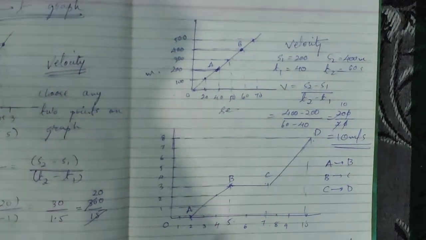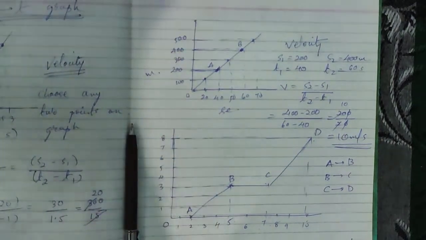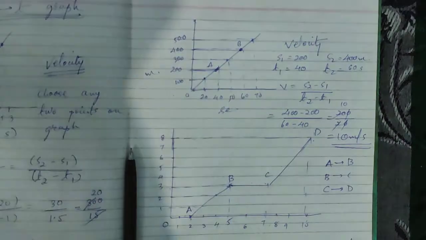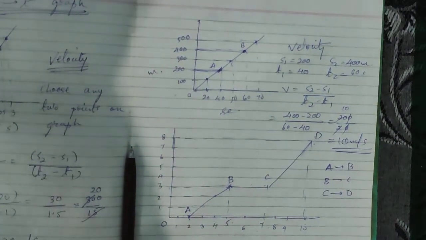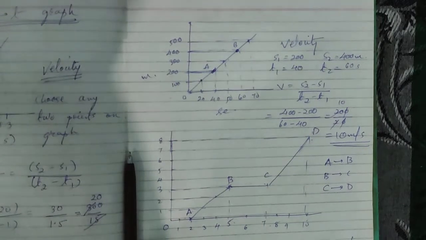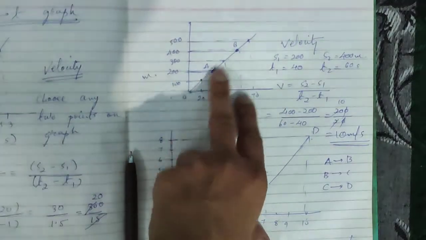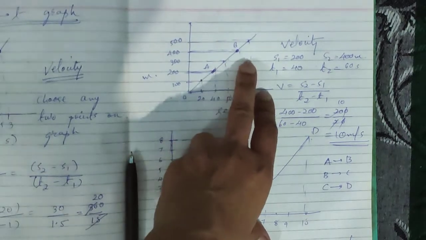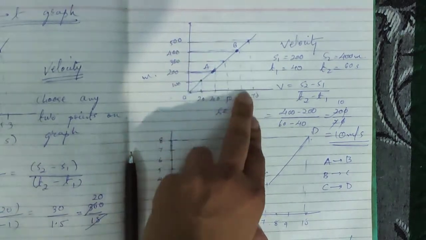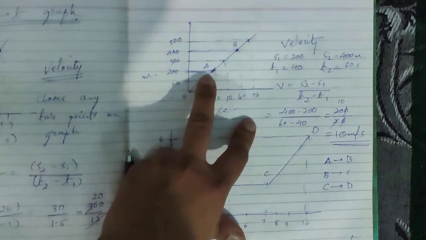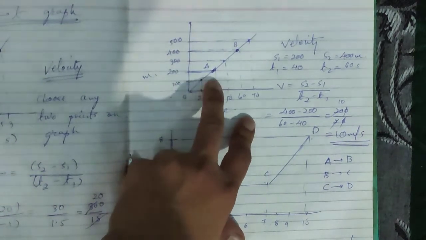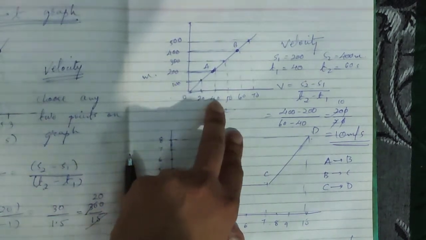Okay. So if no points are given on the graph, you can choose any two random points on the graph and accordingly you can solve this numerical. I hope it is clear to you, students. As you can see we have taken 2 points A and B in this case. For B it is 400 meters, time is 60 seconds. For A it is 200 meters and time is 40 seconds.